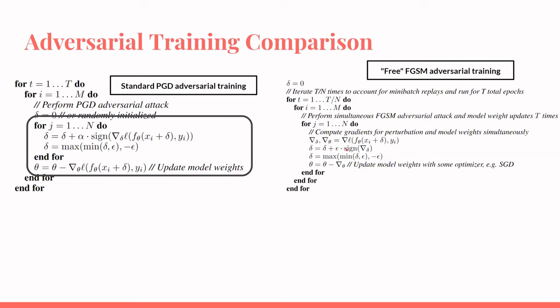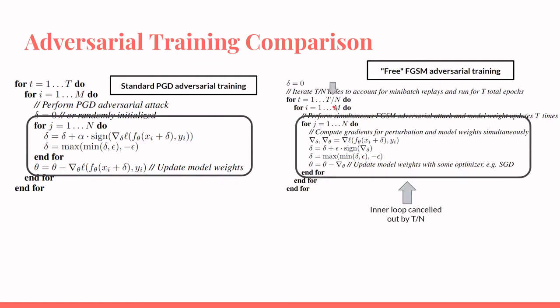And we can see here the mini batch replays, and the model weights are being updated alongside the attack. Right here, I'm just pointing out T divided by N, and then the inner loop canceled out by T divided by N.